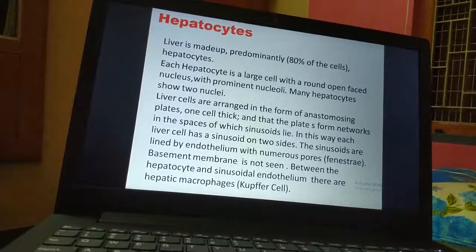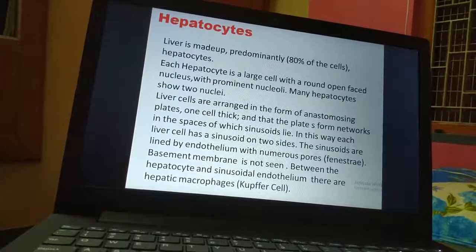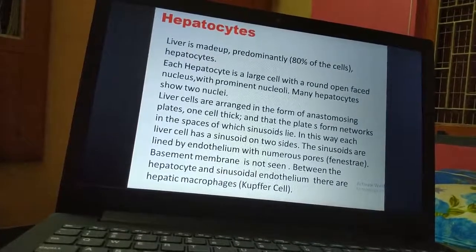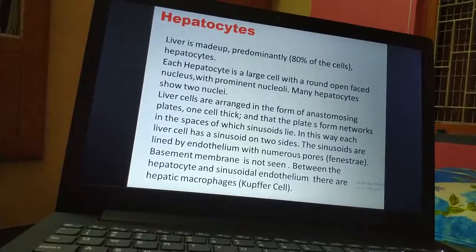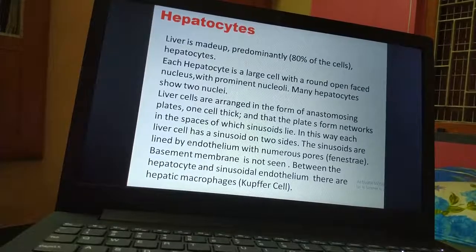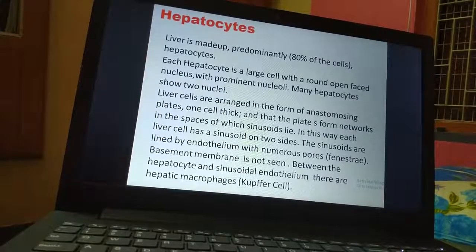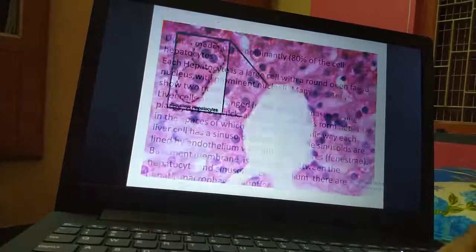In this way, each liver cell has a sinusoid on two sides. The sinusoids are lined by endothelium with numerous pores or fenestrae. A basement membrane is not seen in this case, and between the hepatocytes and the sinusoidal endothelium there are hepatic macrophages, called Kupffer cells.